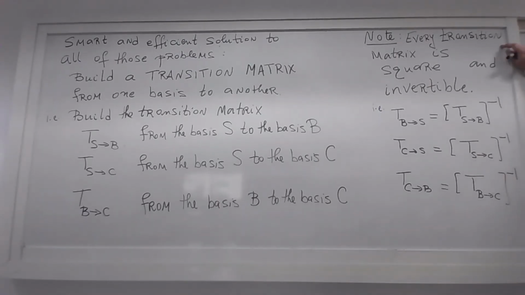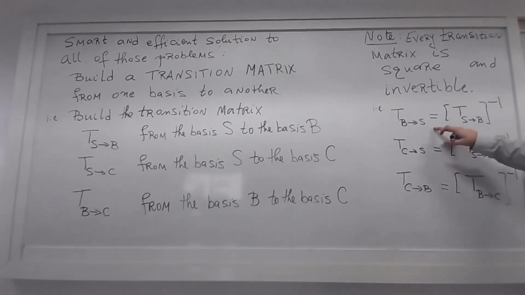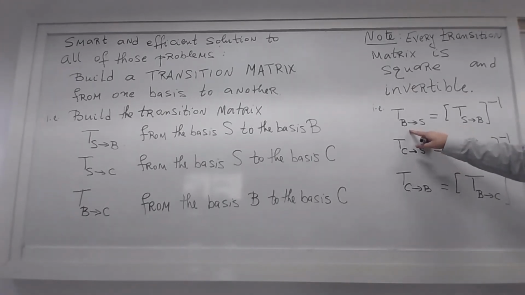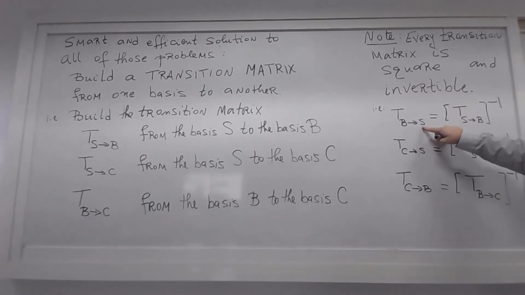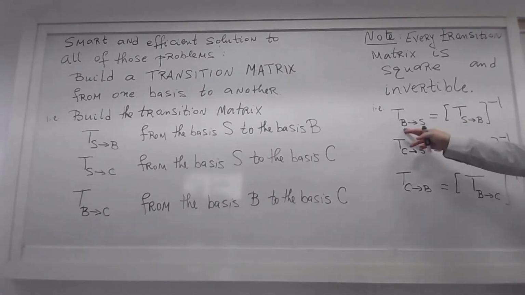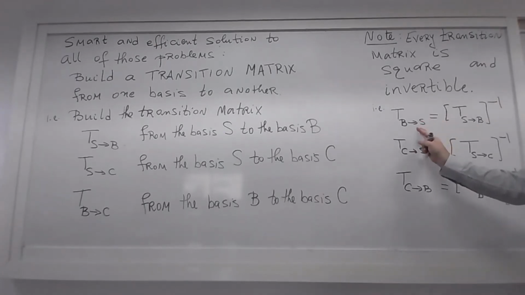So a couple of remarks. Every transition matrix that we have, and we will have a lot of them, they are all square, and they are all invertible. So a transition matrix is a square, invertible matrix. So it's beautiful. More importantly, the transition matrix from basis B to basis S is the inverse of the transition matrix from basis S to basis B. So once I find one, the transition matrix in the other direction is the inverse of the previous matrix.